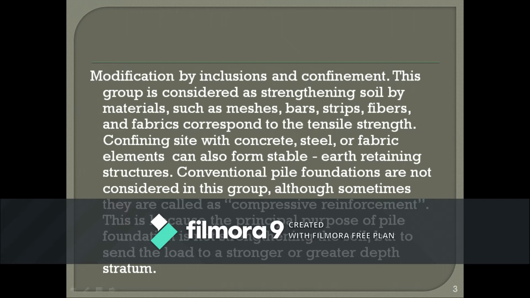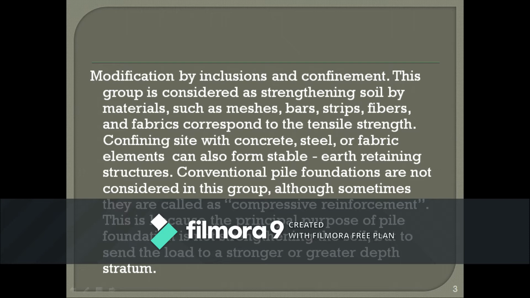But conventional pile foundation, I think we have already seen in BMCP. This pile foundation generally doesn't come under confinement and inclusions, because in pile foundation you are not thinking about soil strengthening, you are mainly bothered about the amount of load coming onto the structure that has to be borne by the foundation.